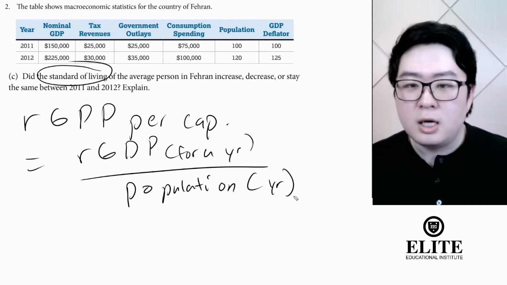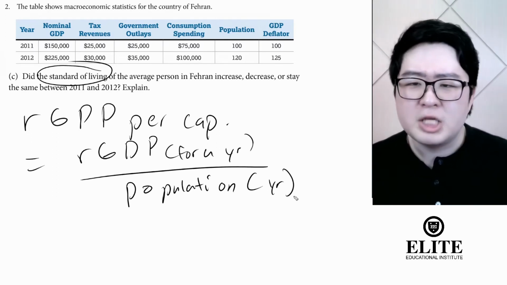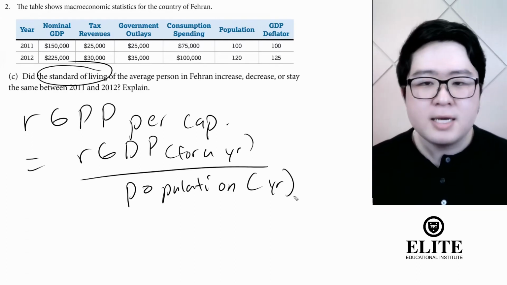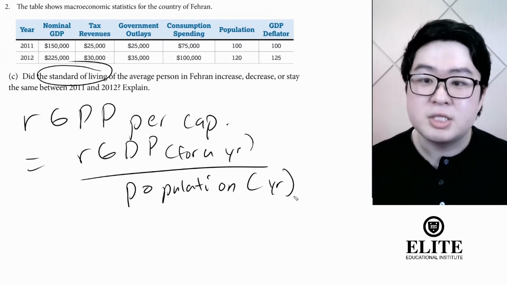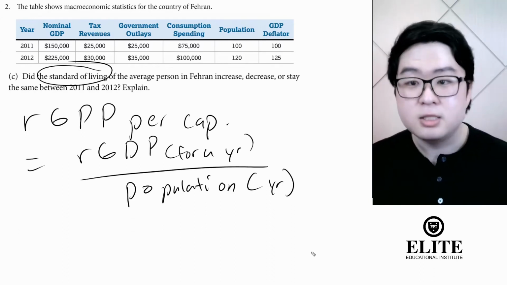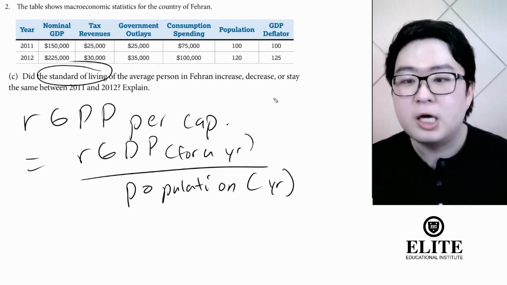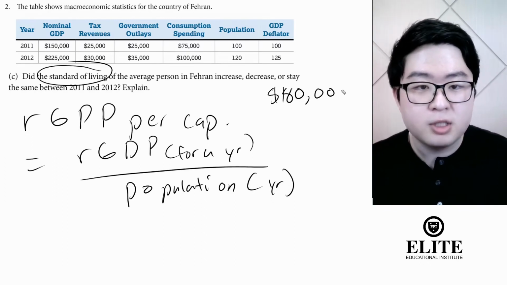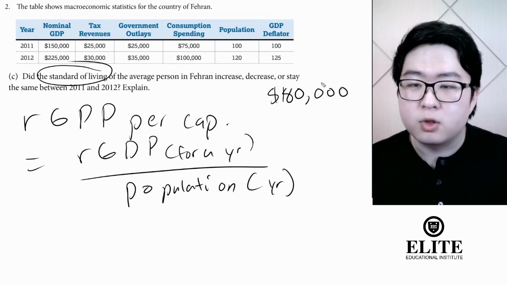What is real GDP? Remember, real GDP is going to be the value of all goods and services produced in an economy in a certain year, adjusted for inflation, right? Do we know the real GDP for both years? Yes. In 2012, we found that the real GDP from Part A was 180,000, right?